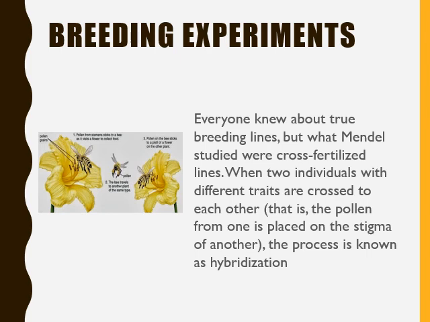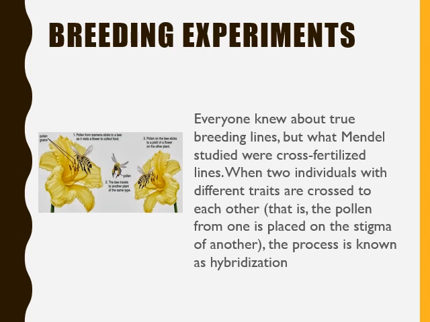Everybody knew about true breeding. Everybody knew if you cross the same, you get the same. You take these dogs that look exactly alike, and they produce puppies that look exactly alike. But what Mendel was interested in was what's called cross-fertilization, where you take the pollen from one flower and put it on the stigma of another flower on a different plant.